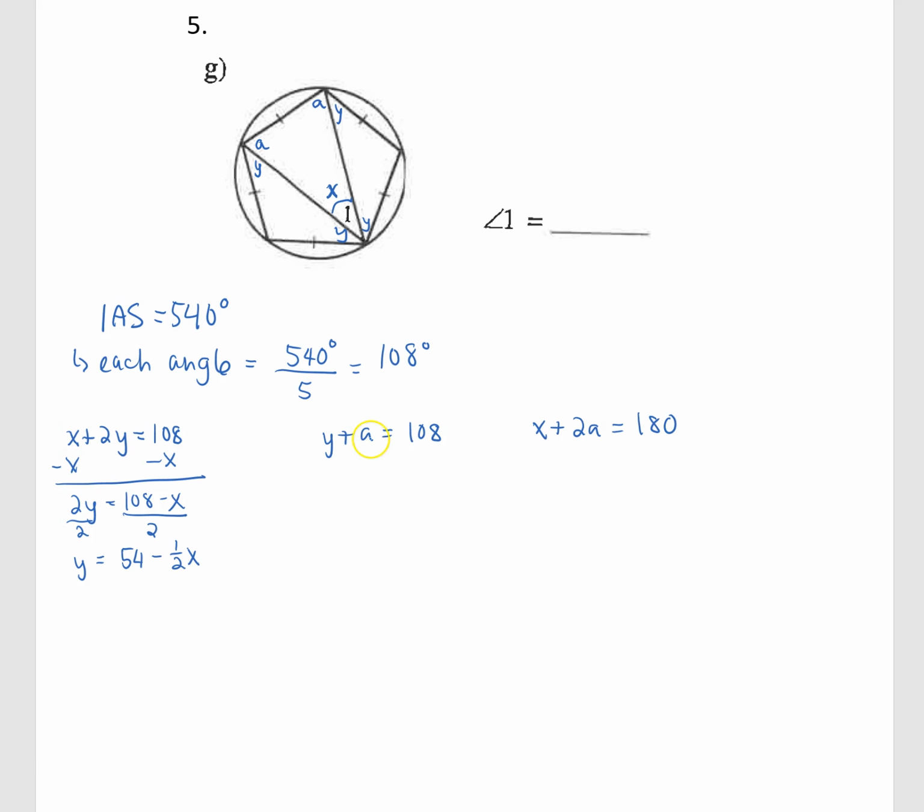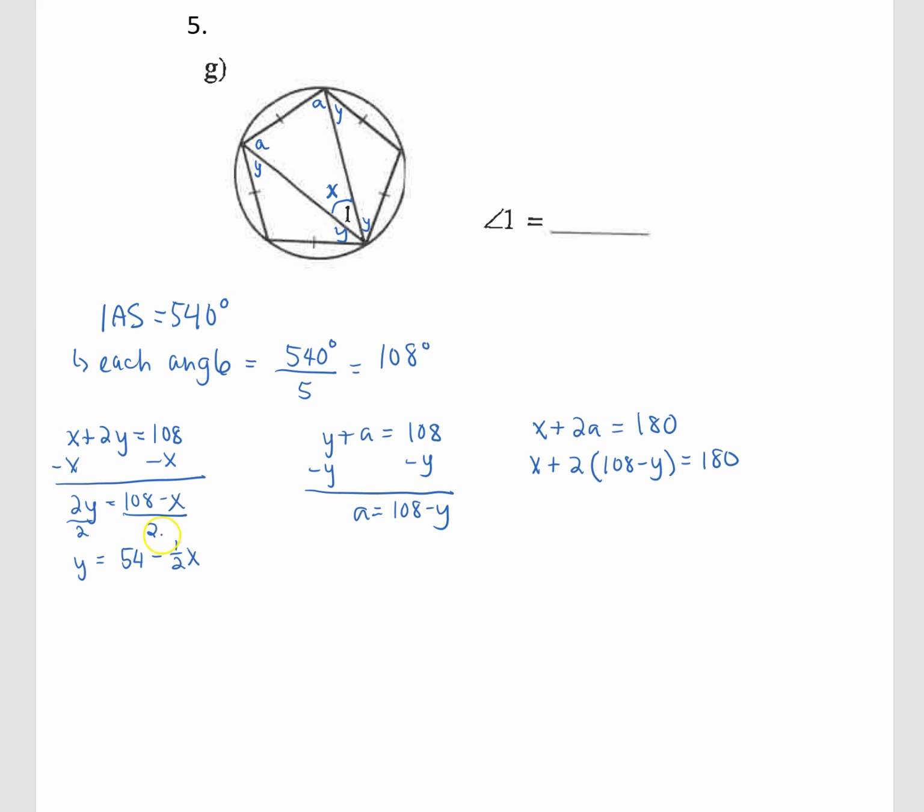In this case, I'm going to solve for a. Subtracting y on both sides gives me a is equal to 108 minus y. And this equation is where I'm going to plug everything in. I'm going to plug in this expression for a here, so 2 times (108 minus y) plus x equals 180.